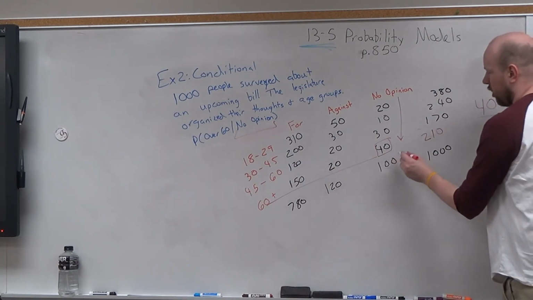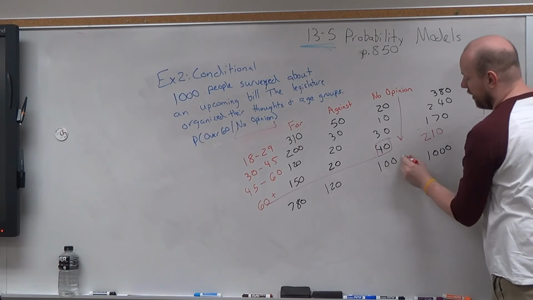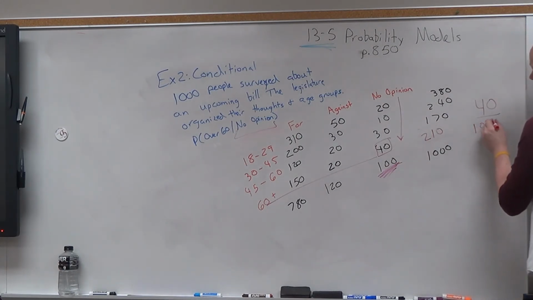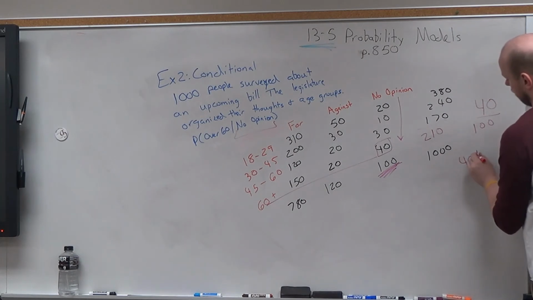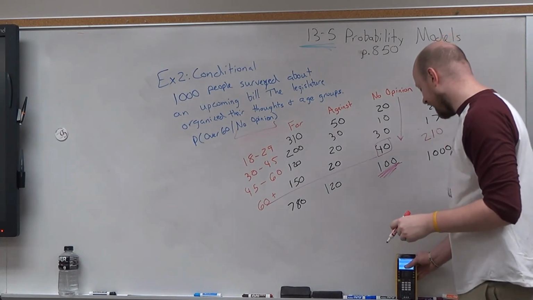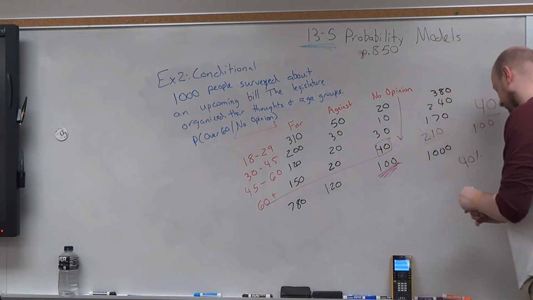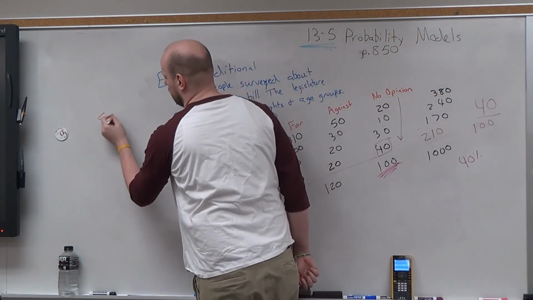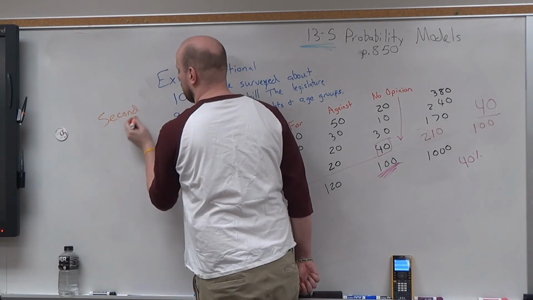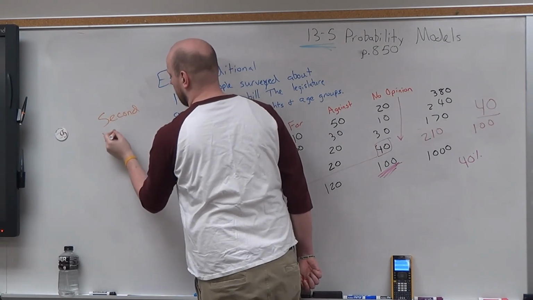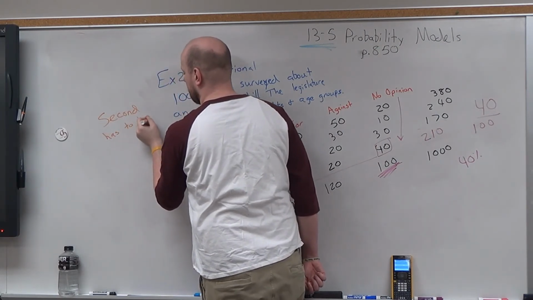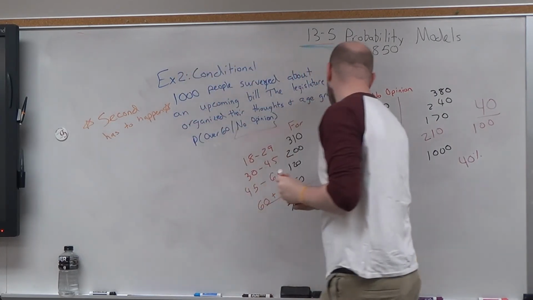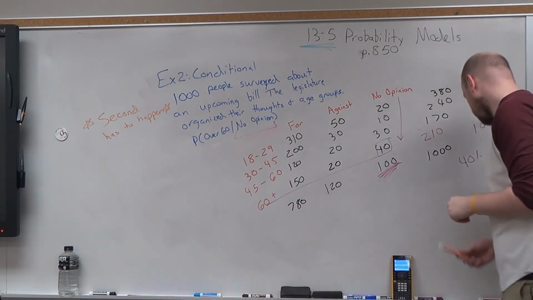So I get 40 over the total of the no opinion, which would be 100. So I get 40 over 100, which would be 40%. So the second one is the one that has to happen. I'm glad I went and double checked that.